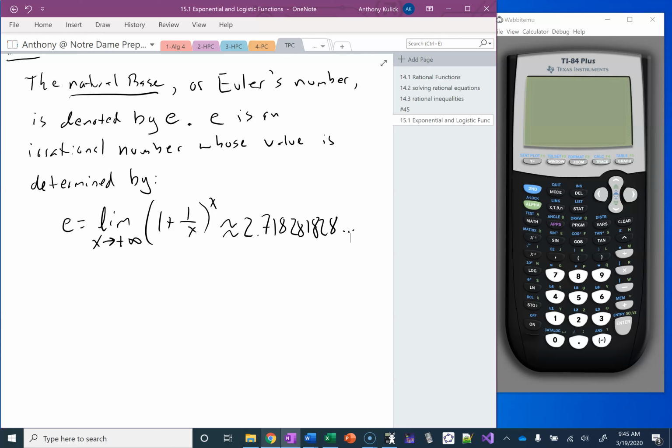And what it's going to allow us to do is develop a second definition for an exponential function where the base for our exponential function is always going to be this number e.